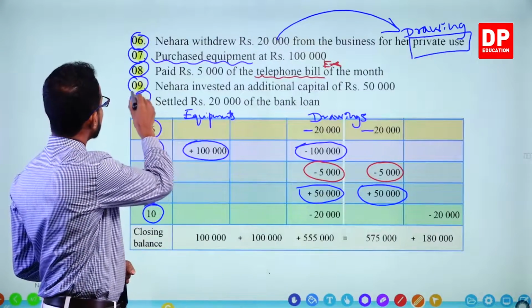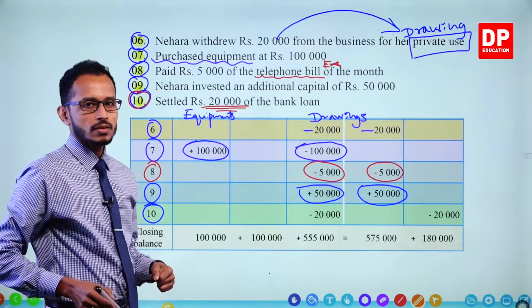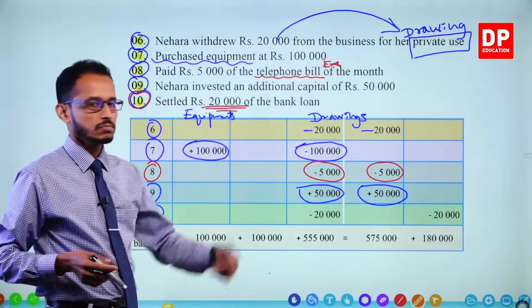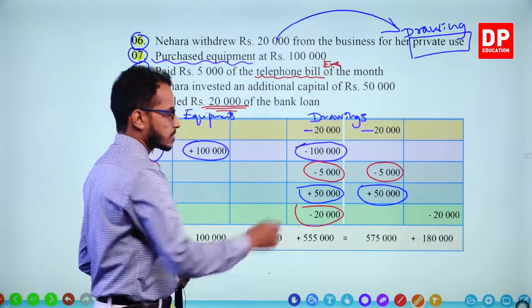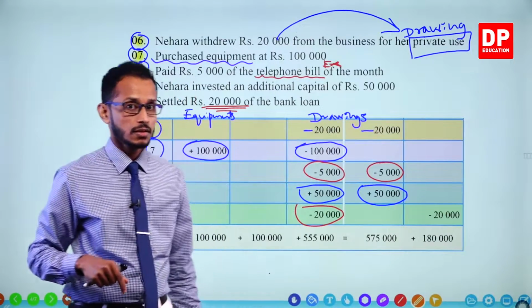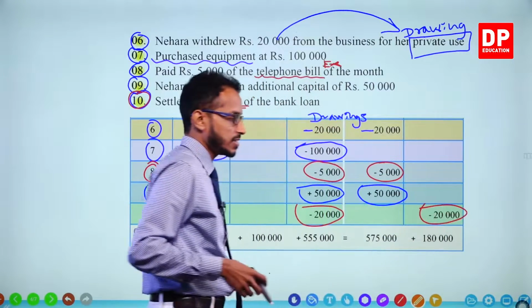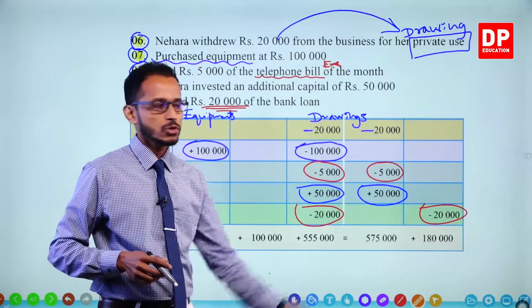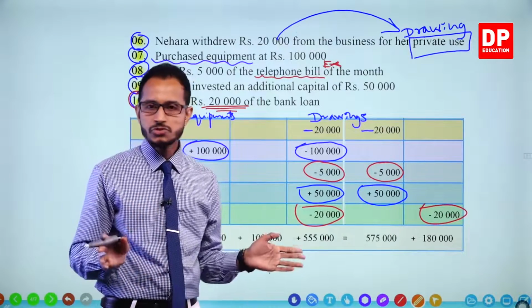In this transaction, we are settling only 20,000. A small amount we have paid to settle the bank loan. Cash decreases because cash is going out, we are paying to the bank, and the liability also decreased by 20,000. End of story.